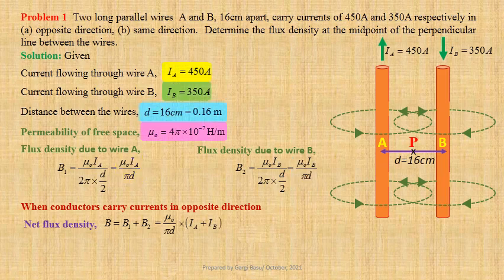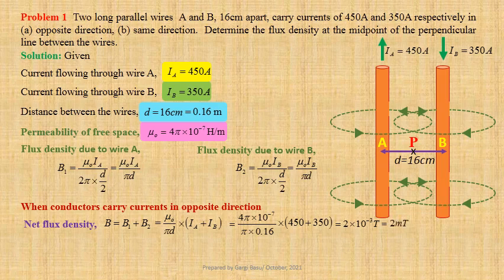Using values we get 4 pi into 10 to the power minus 7 divided by pi into 0.16 into 450 plus 350, that gives us 2 into 10 to the power minus 3 Tesla or 2 milli Tesla.